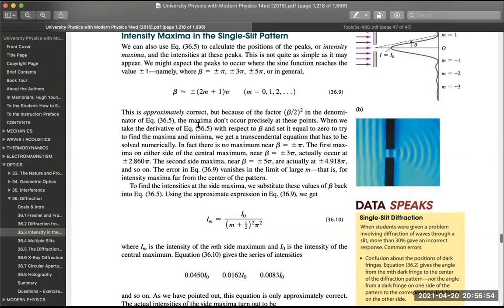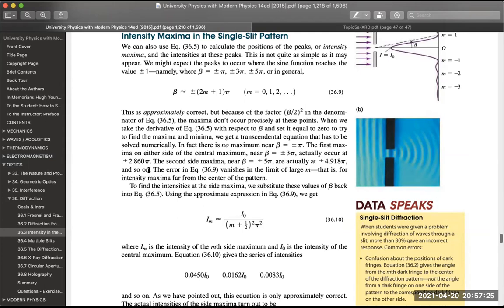The one that we expect near the neighborhood where beta is 3 pi actually occurs numerically, we can find it with computational techniques, at about 2.86 pi. So we're close. We're off by 0.14 out of 3 or so. 0.14 out of 2.8, I suppose.